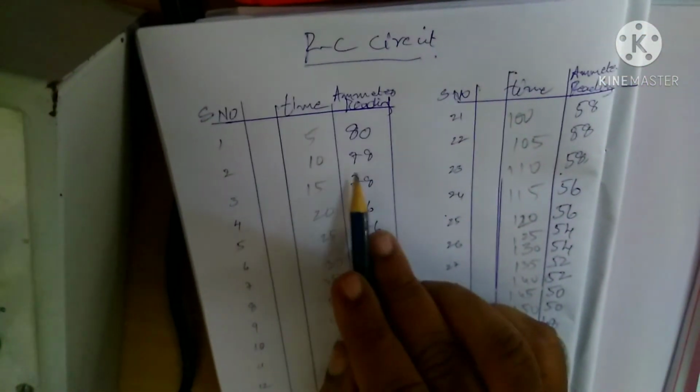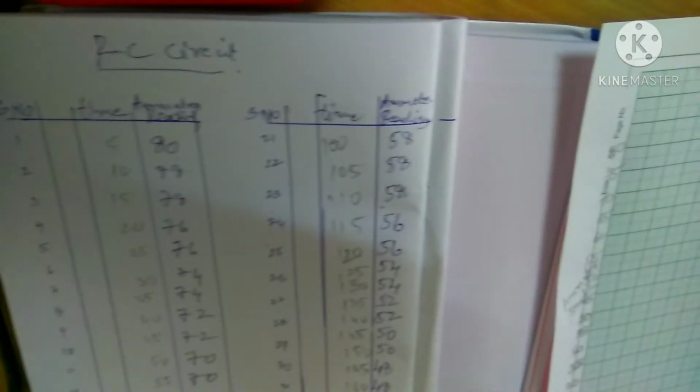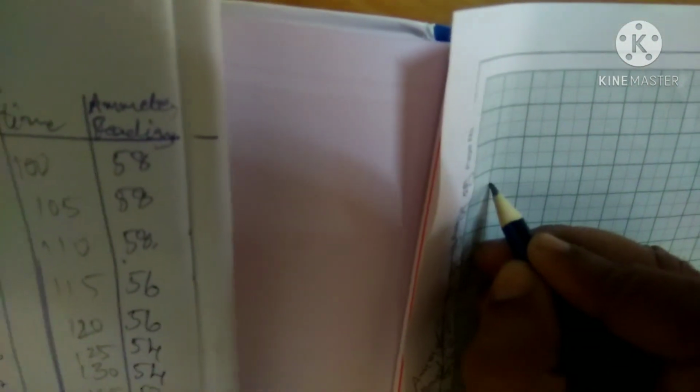So this is what we got. Exactly at 10 seconds on the time axis, we have 78. So we are going to take 10 on the x-axis and 78. This is 75, this is 80. So 78 will be somewhere here in this part.